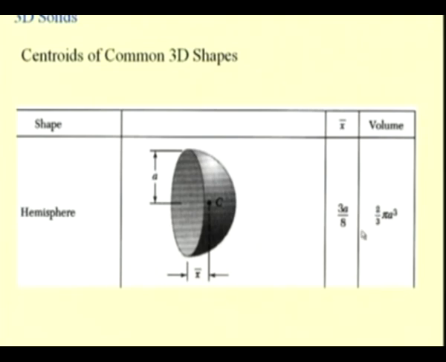So, for finding this, we take, let us say, a small differential element with respect to this axis. This is dV and its location is x.